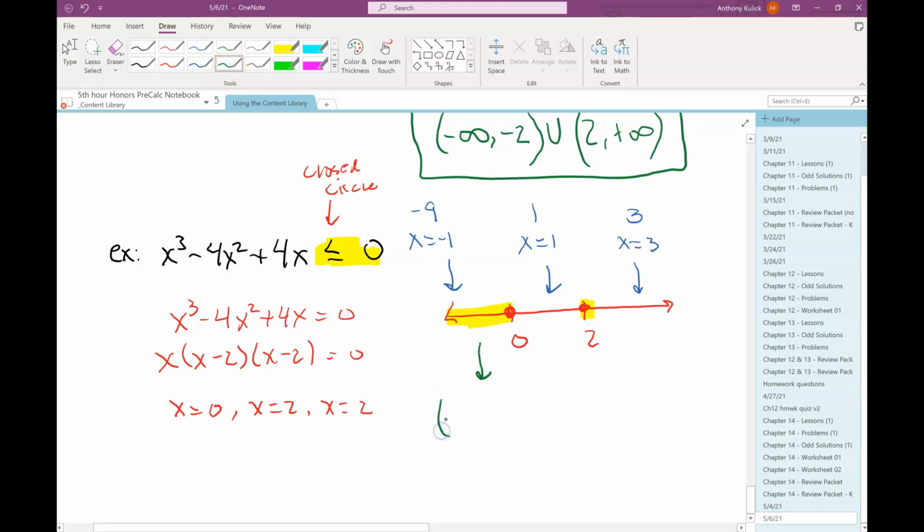So this piece, negative infinity to 0, and again, since we're using a filled circle, that's going to get a bracket. And then union, this piece, because it's just a single number, I'm going to write with set notation using the squiggly bracket there.